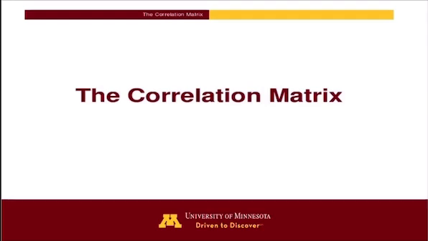In order to overcome the inconsistency in covariance, we need to standardize covariance. Correlation is a standardized covariance. When you standardize it, even when you change the units of your variable, the value of the correlation stays the same.